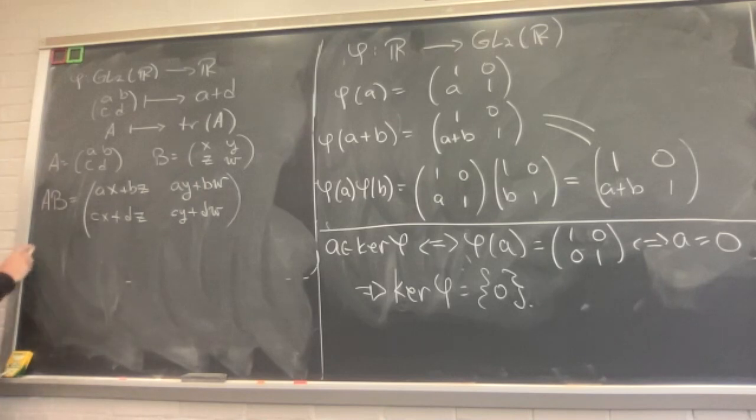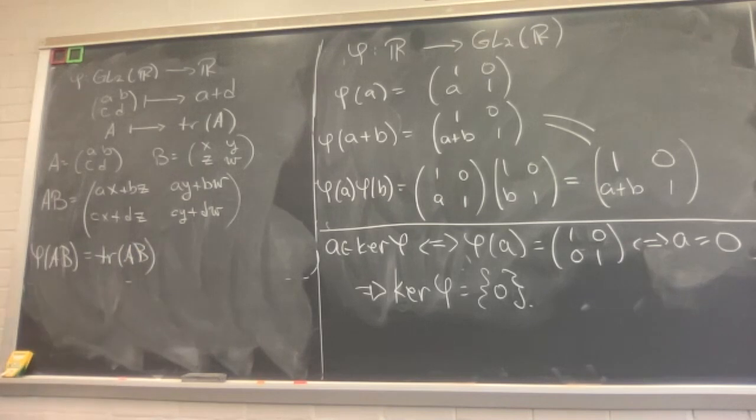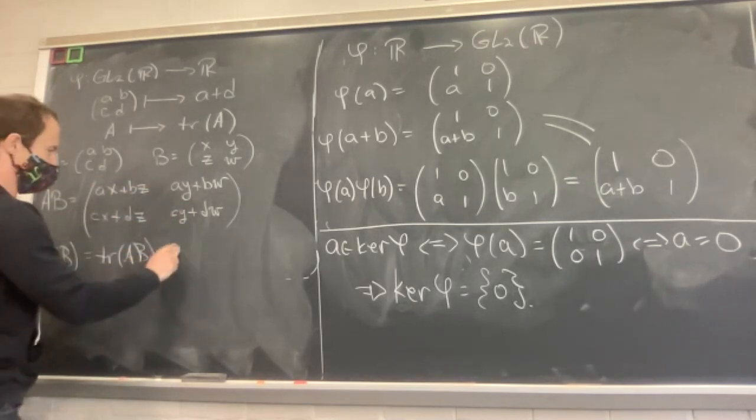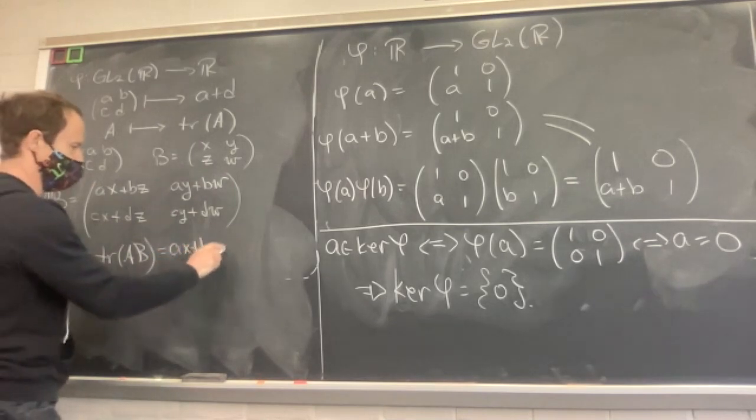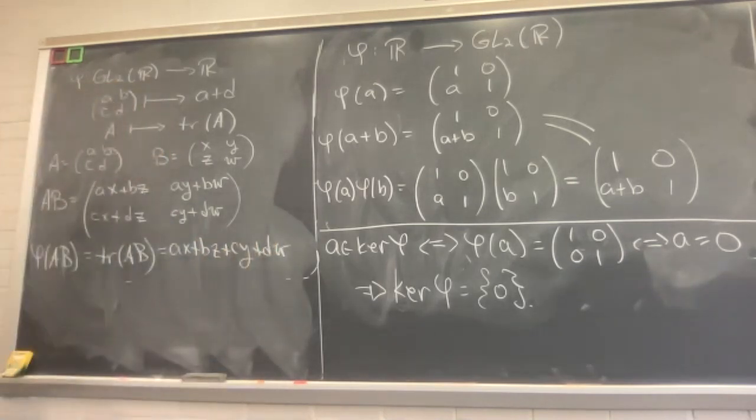Now let's compare. Phi of AB is the trace of AB, which is just this plus this, so that's AX plus BZ plus CY plus DW.